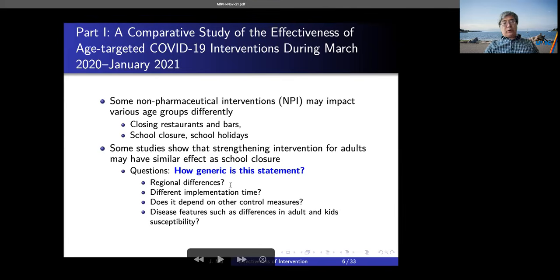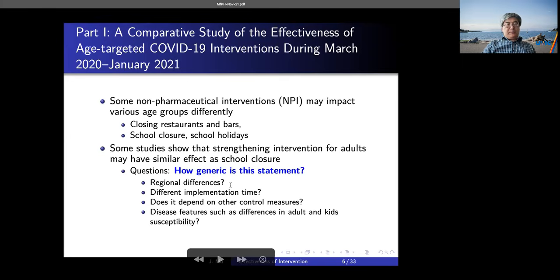Specifically, we are more interested in school closures and school openings, or the effect of strengthening control measures in the kids. And some studies have shown that strengthening interventions for adults may have similar effects as school closures. And we are specifically interested in how generic is this statement.